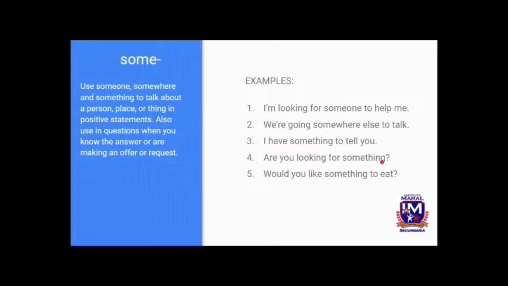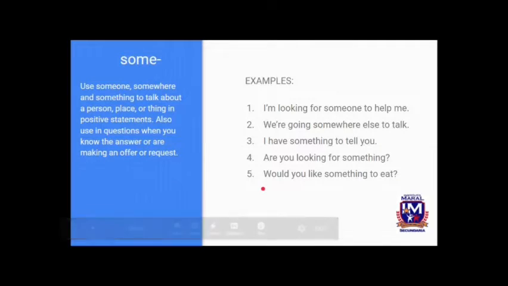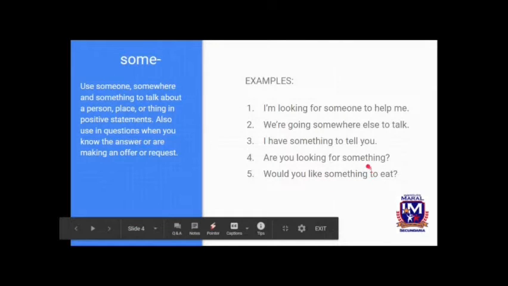The salesperson usually asks this because they know you're getting into the store because you're looking for something. Number five says, would you like something to eat? Here, it is an offer. Someone is offering you something. That's why we have this indefinite pronoun in a question.